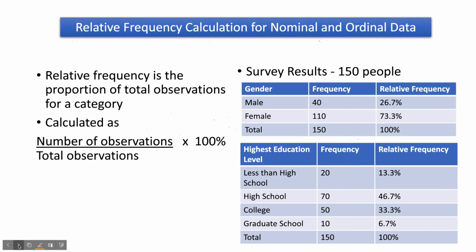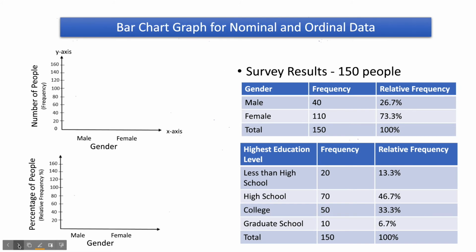And here are the relative frequencies calculated in the same way for highest education level. Now, let's get a visual. So, for our bar chart, we now have the frequency and the relative frequency. But first, let's focus on the frequency.